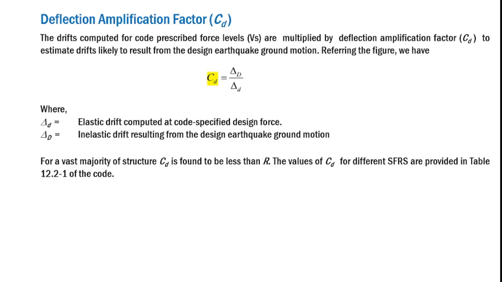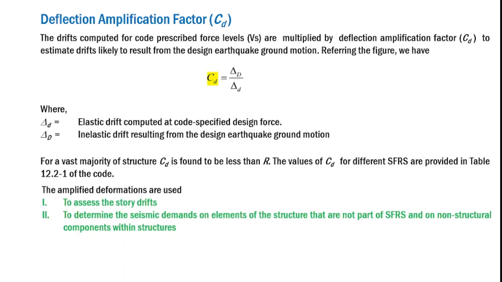Now, the values of this deflection amplification factor CD are provided again in Table 12.2-1 of the code, and in many cases it is found that the value of CD is less than R.